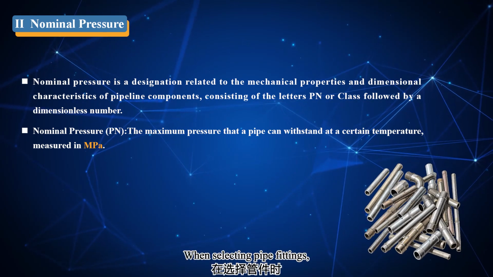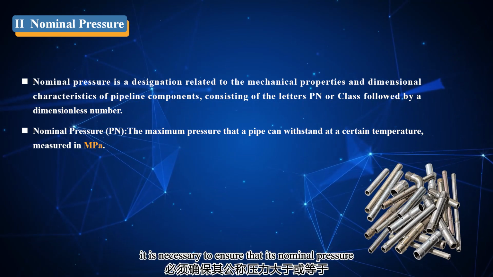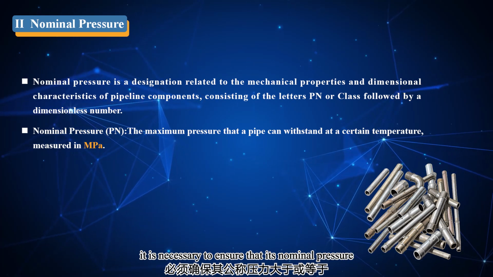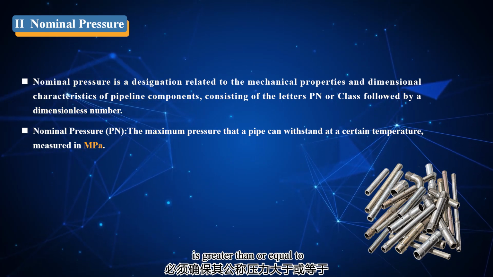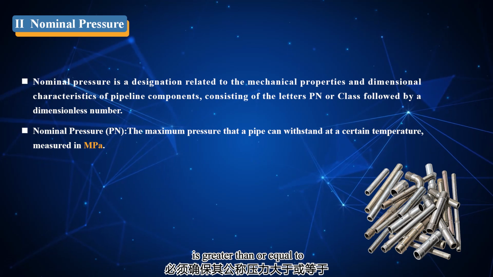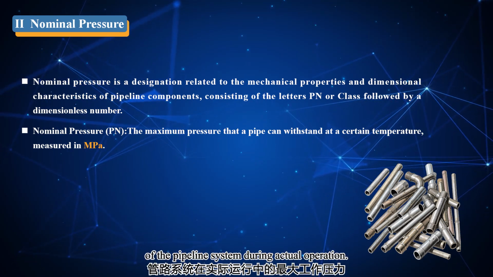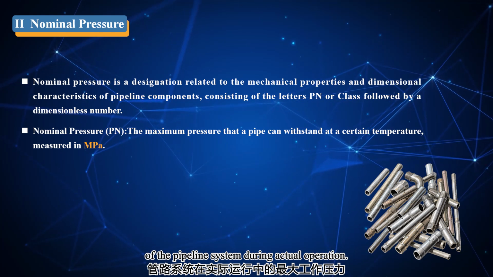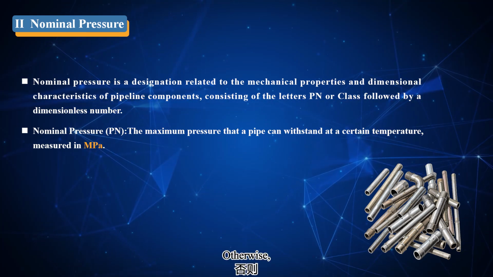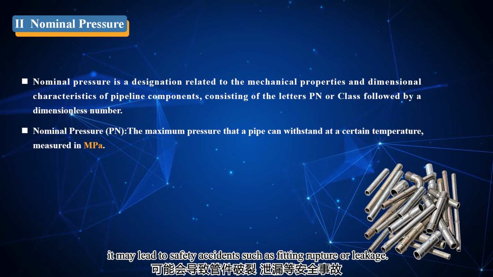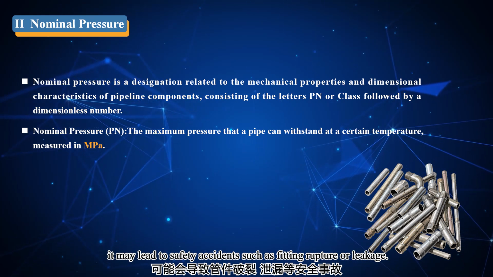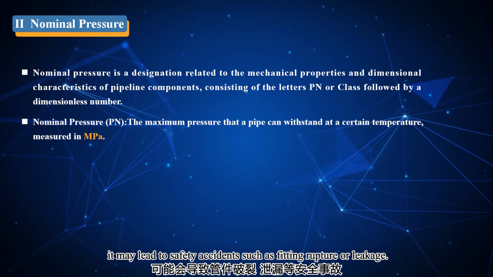When selecting pipe fittings, it is necessary to ensure that its nominal pressure is greater than or equal to the maximum working pressure of the pipeline system during actual operation. Otherwise, it may lead to safety accidents such as fitting rupture or leakage.